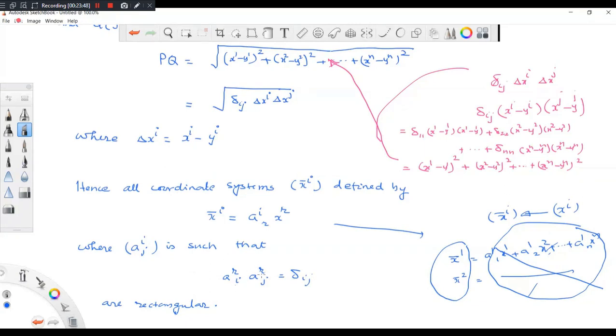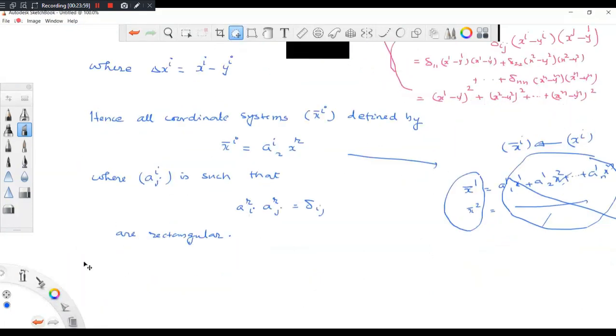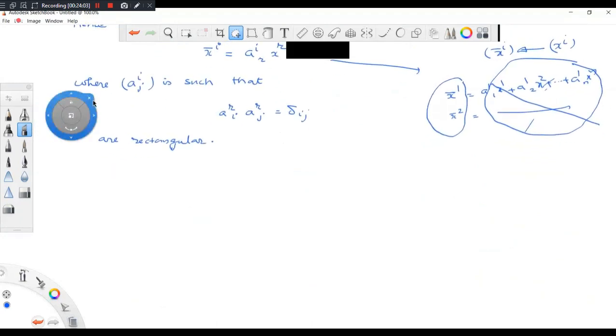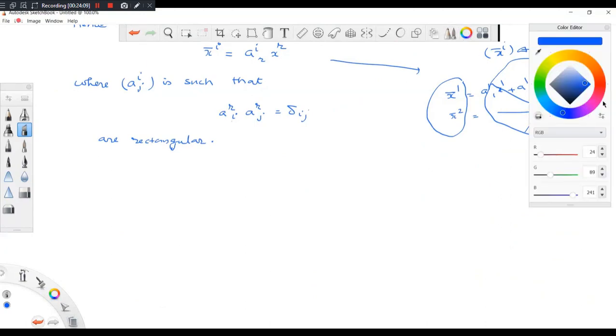So this is a transformation from one coordinate system to another. It is merely a linear transformation, in the rectangular coordinate system. Now there is another thing, what is called curvilinear coordinates. There is another coordinate system called curvy.